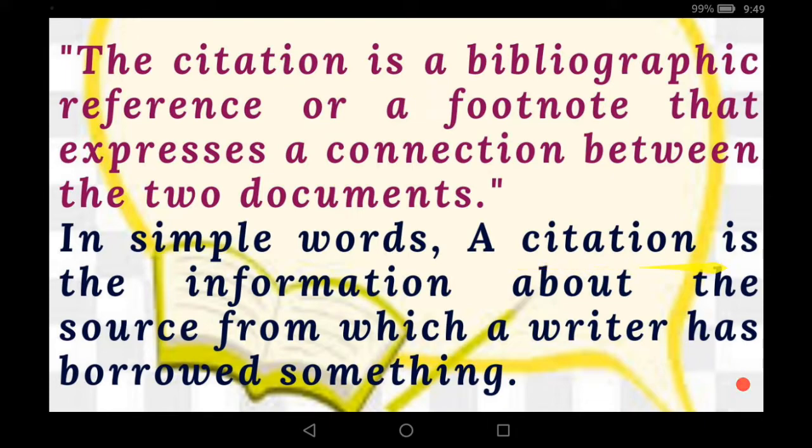A citation is the information about the source from which a writer has borrowed something. We have done it so many times, even from our postgraduate level, but we don't know that there is a particular systematic science and method regarding the mentioning of a reference, and this lesson is all about the proper procedure for it.